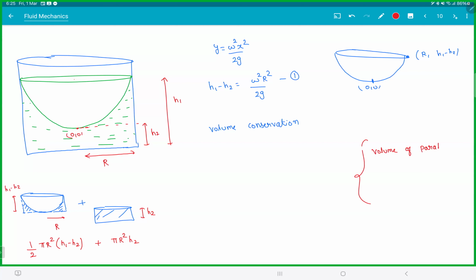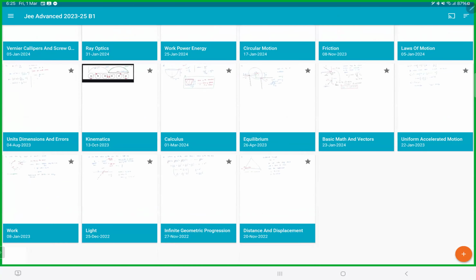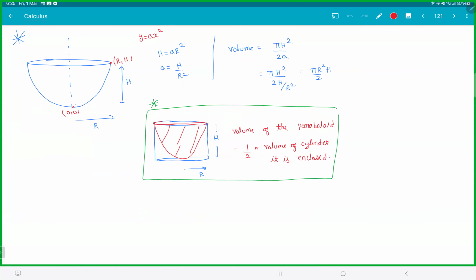The volume of a paraboloid is half of the volume of the cylinder it is enclosed in. This you can refer to calculus notes, page 121.